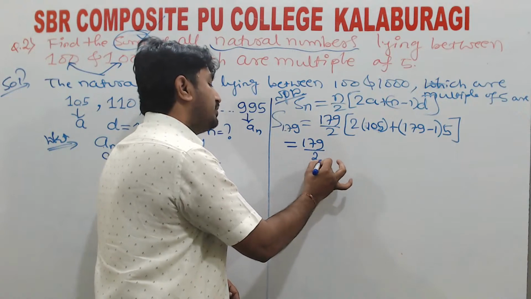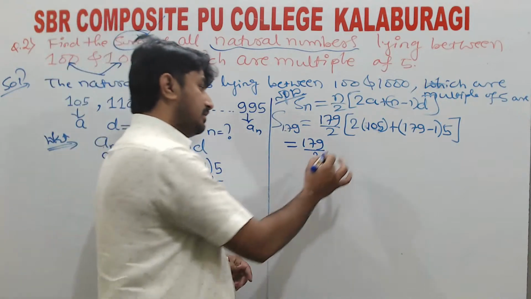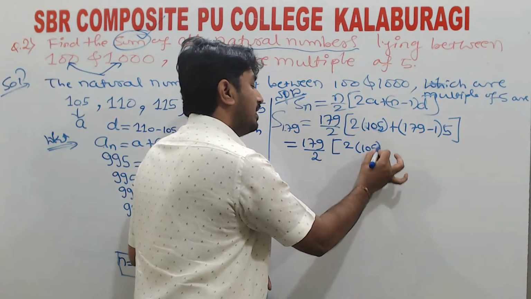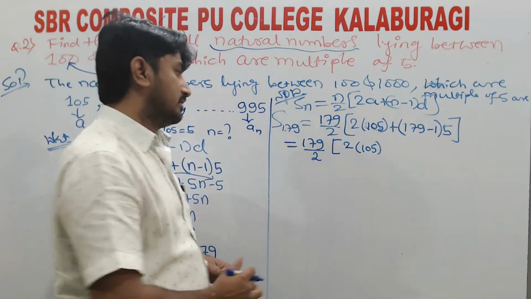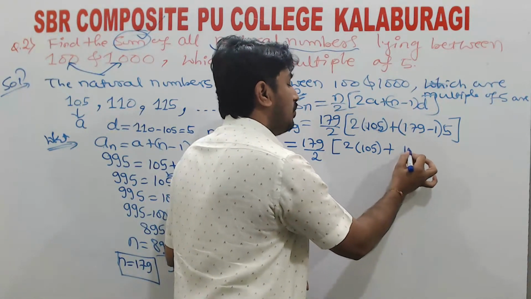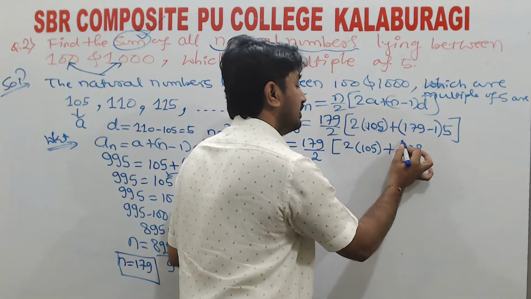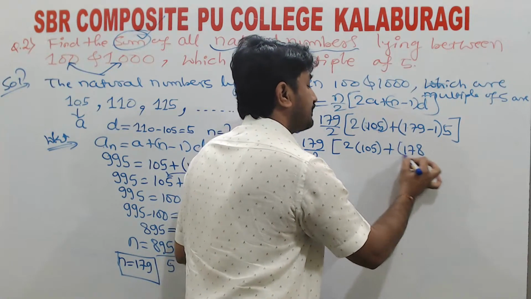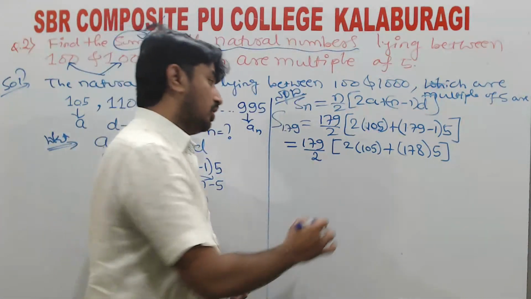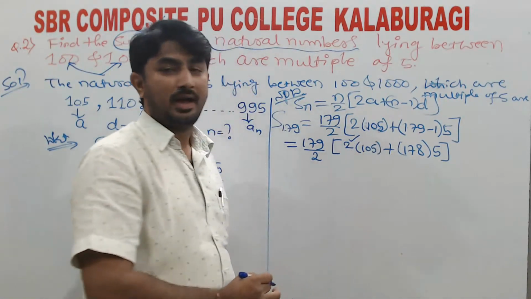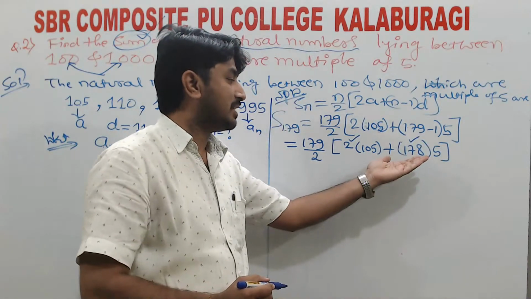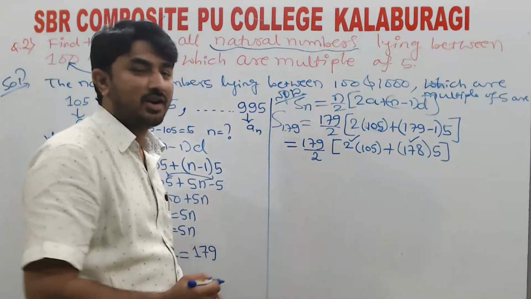179 divided by 2 as it is, and 2 into 105, plus 179 minus 1, it becomes 178, into 5. Here 2 is common, so I am taking 2 outside.